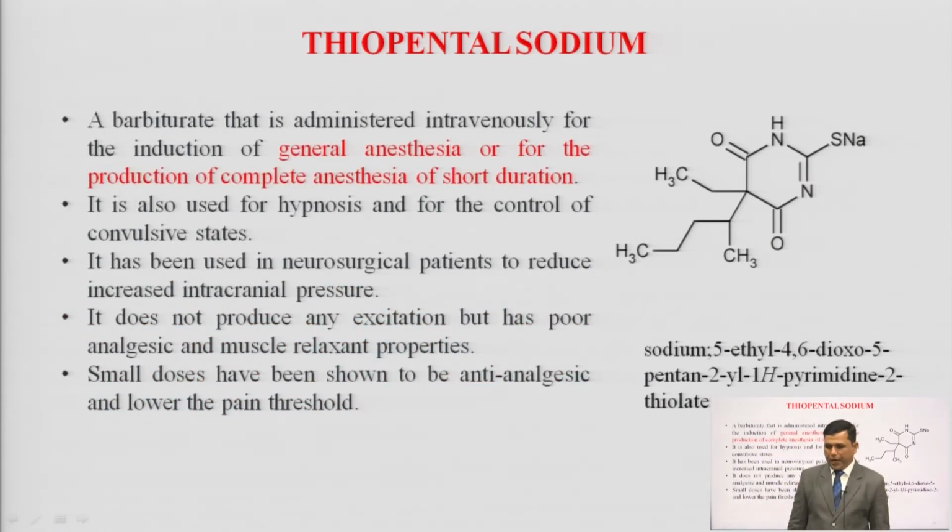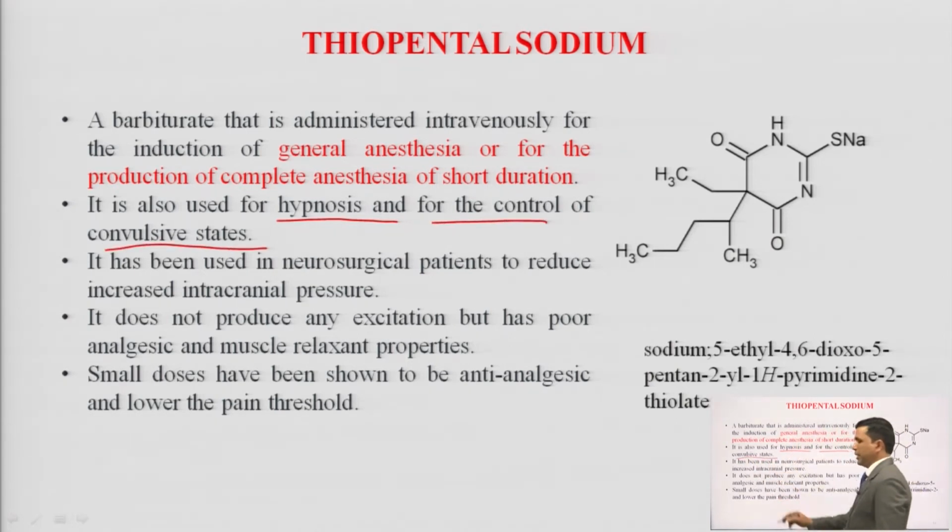Thiopental sodium is administered intravenously for the induction of general anesthesia and for the production of complete anesthesia of short duration, because it is a short acting barbiturate. It is used for hypnosis and for the control of convulsive states, so we can also use it as an anticonvulsant agent.